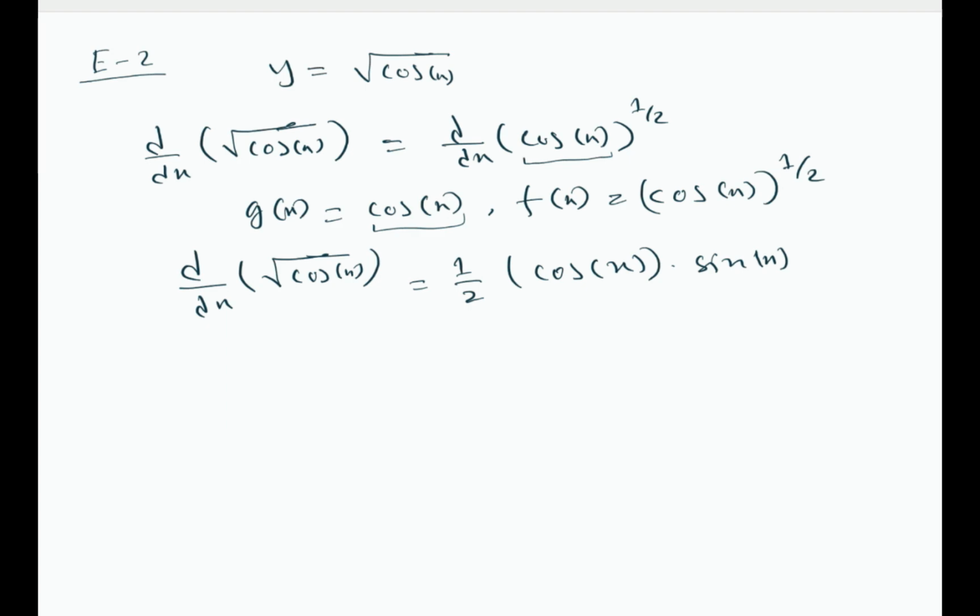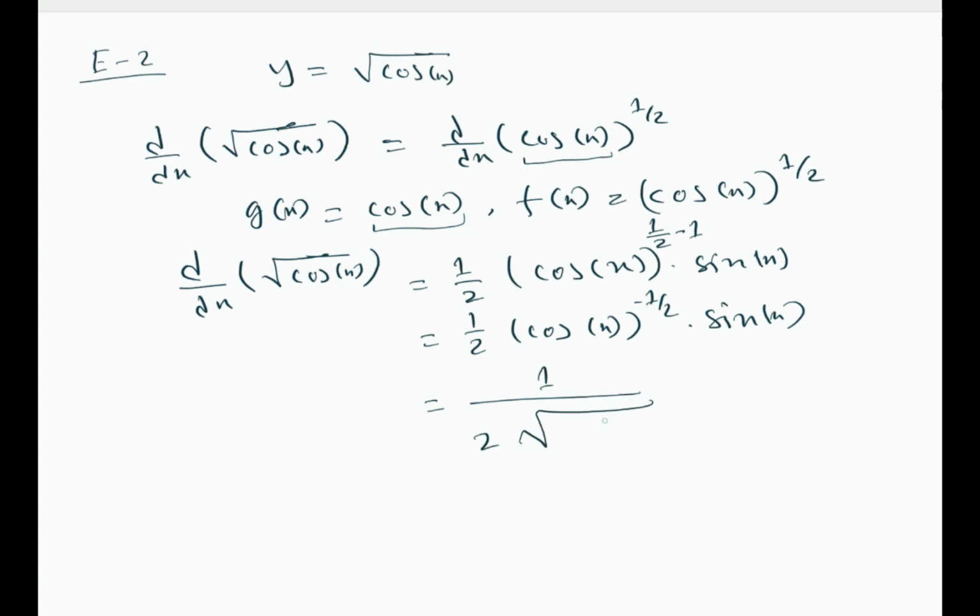Okay, so the final answer, sorry, here I forgot to write one thing. Here we need to subtract from our power, half minus 1. So the final answer would be 1/2 (cos of x) all to the power negative half times minus sine of x, and we can write it more simply as minus 1/2 times sine of x over square root of cos of x. So this is our final answer.